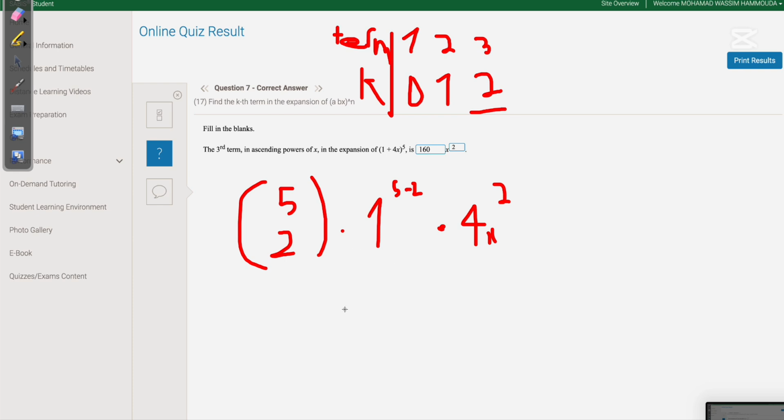Yeah, so 5 C 2 times 1 to the power of 3 times 4x squared, which would be 16x squared. So it would be 160x squared.